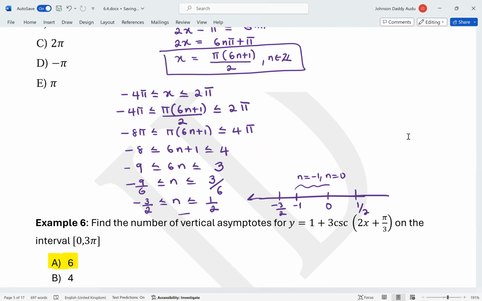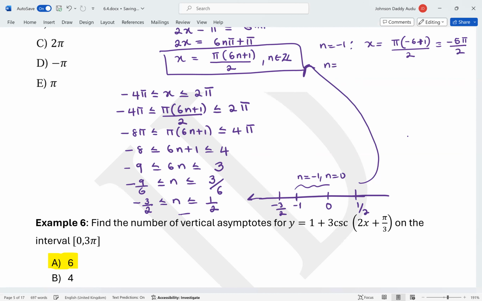So now we need to go back to here and substitute. Let's start with the smallest one. If n is equal to minus 1, what is x? x is going to be pi times minus 6 plus 1 over 2, which is minus 5 pi over 2.